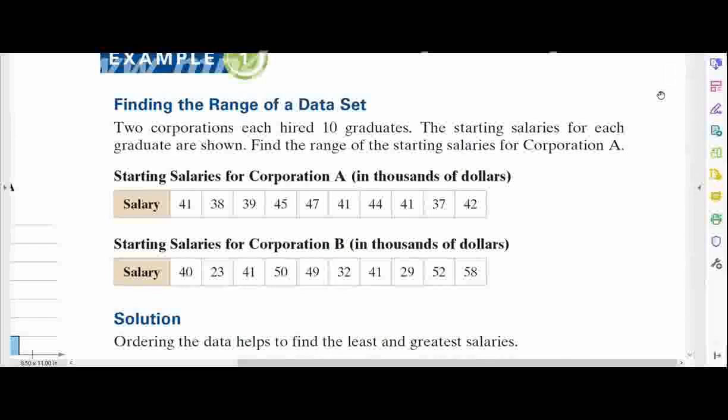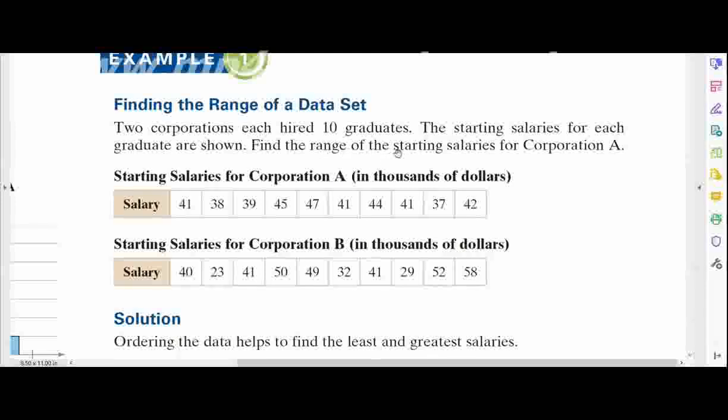Very well. In example 1, the question says, find the range of a data set. You have 2 corporations, each hired 10 graduates. The starting salaries for each graduate are shown.